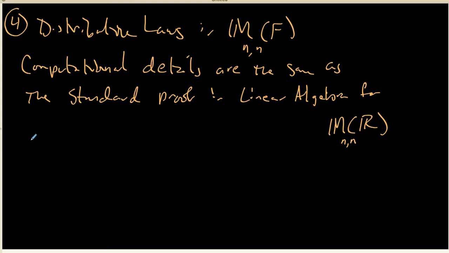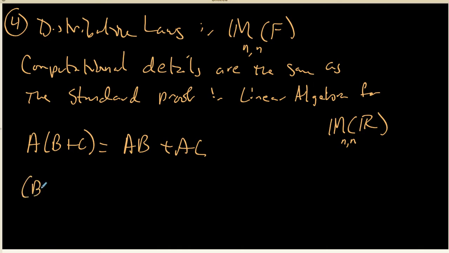But the distributive laws say that A times (B plus C) winds up being AB plus AC. But we also have (B plus C) times A on the back end is going to be BA plus CA.